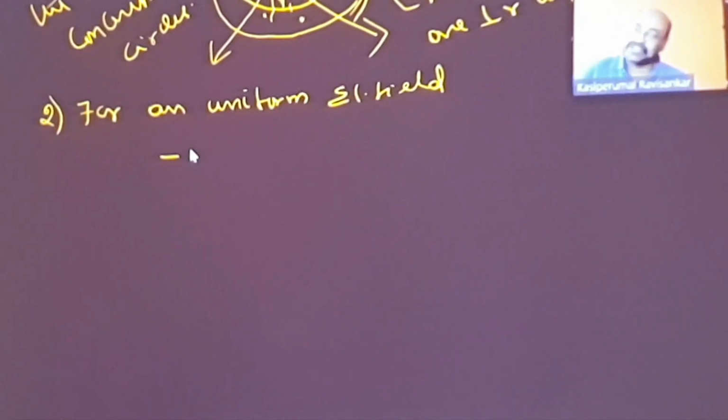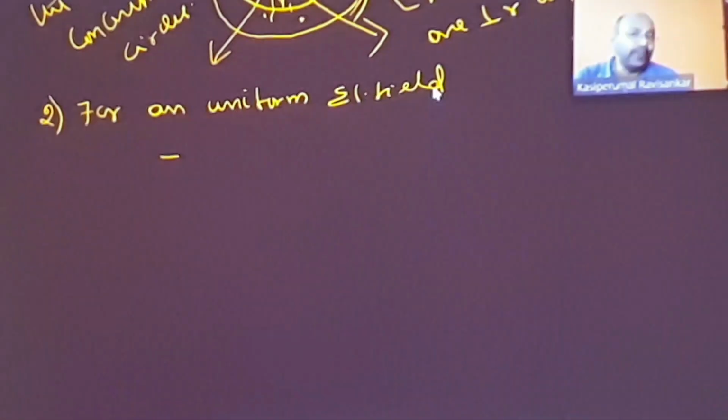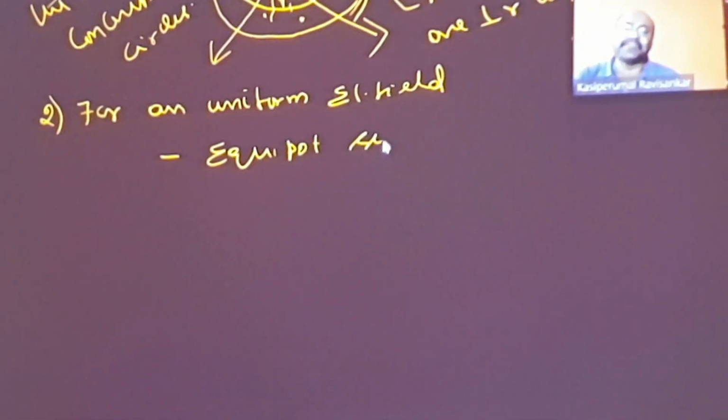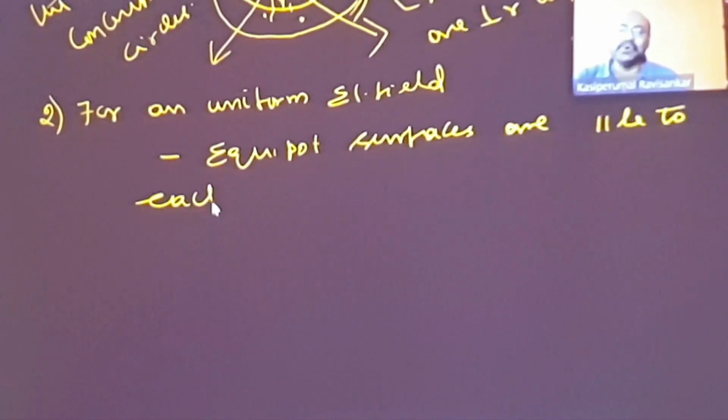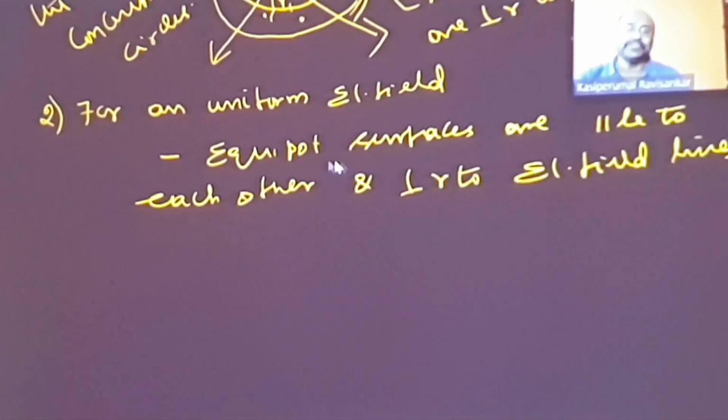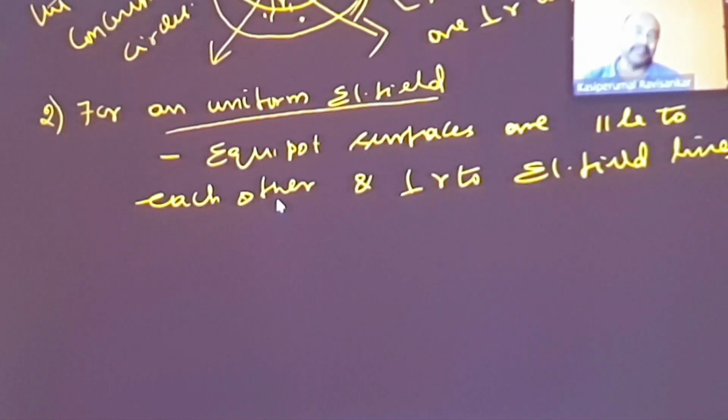The equipotential surfaces are parallel to each other and perpendicular to electrical field lines. So, for a uniform electrical field, equipotential surfaces are parallel to each other and perpendicular to electrical lines of force.